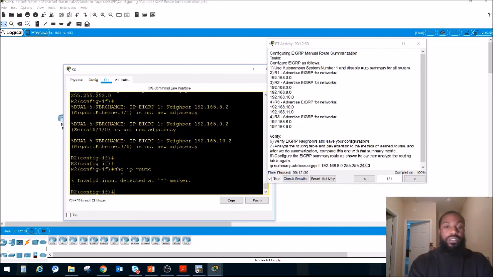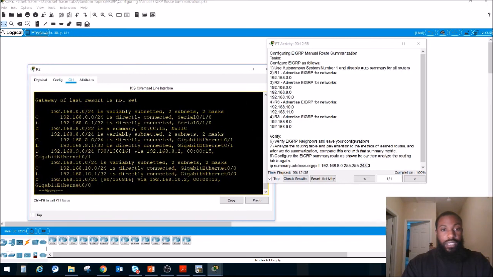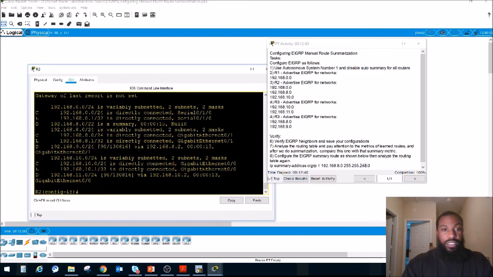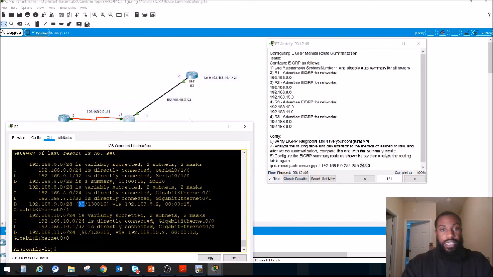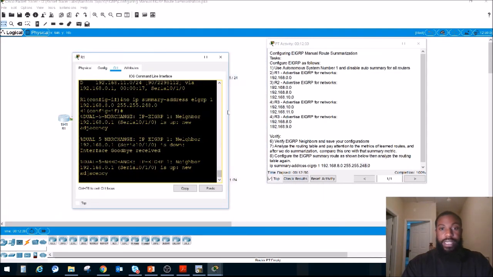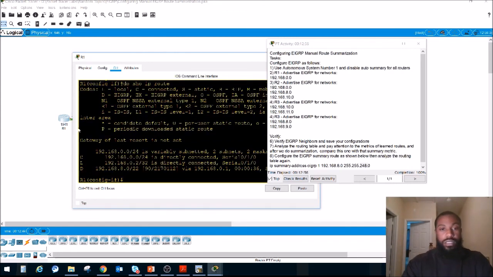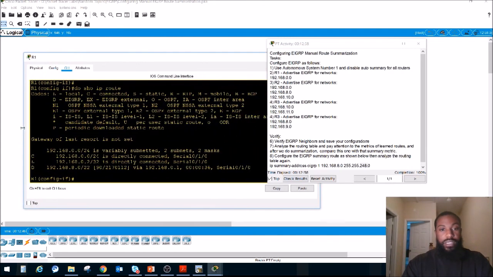Do show ip route. And now, you can see the metrics are still the same. It's a 90. And now if we check router 1, do show ip route, you got a summarized address right there.